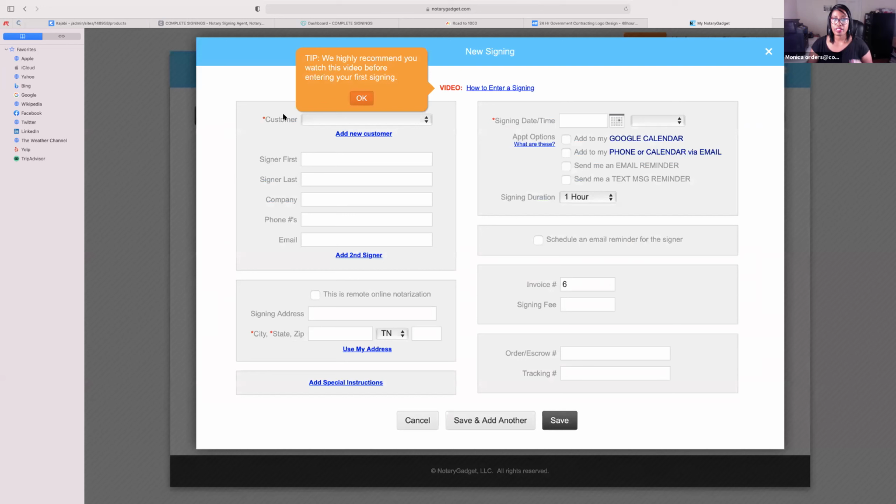And the only purpose in this is for me to calculate my geographical boundary for my business. I repeat, the only reason that I am using Notary Gadget right now is to calculate my geographical boundary for my business. This is the distance that I will not travel farther than.